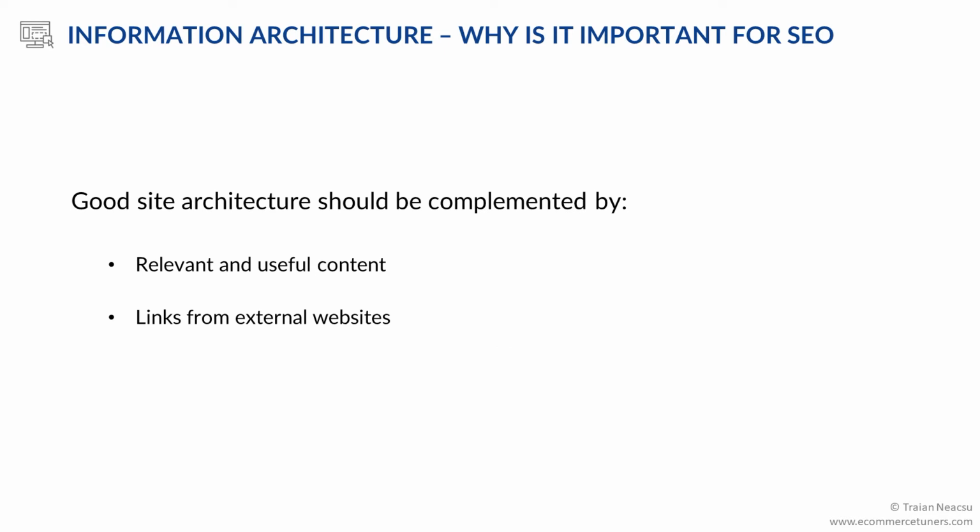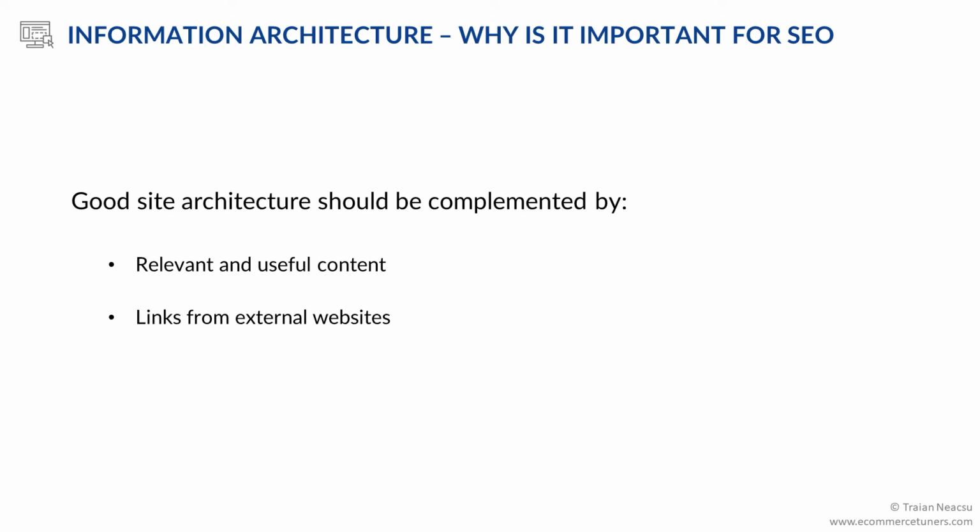A proper website architecture will help your website rank for the so-called head terms. For e-commerce websites, these are usually the category and subcategory pages. However, internal linking is not enough for a subcategory page to reach the top of search engine results pages for category-related search queries.